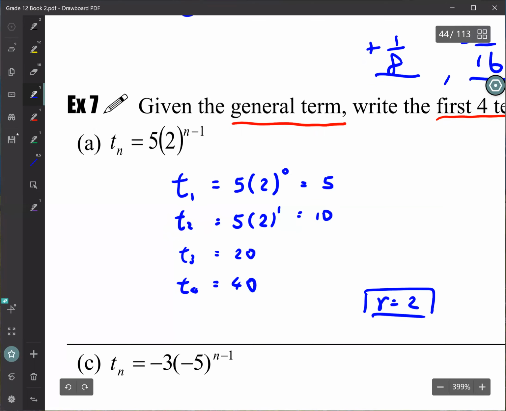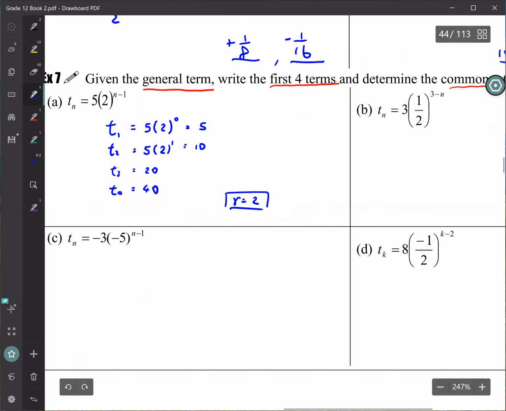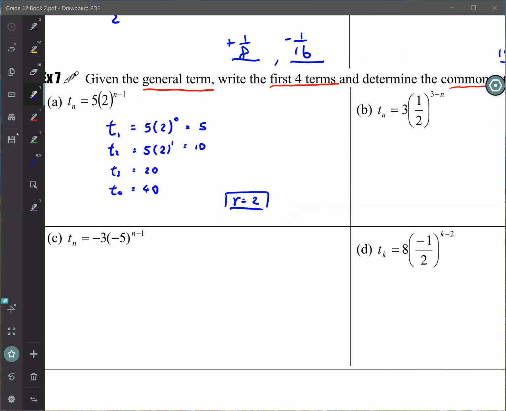Okay, so I'll let you try the same thing, 3 questions, and then I'll ask some of your answers later. Okay, raise your hand if you finish all 3.